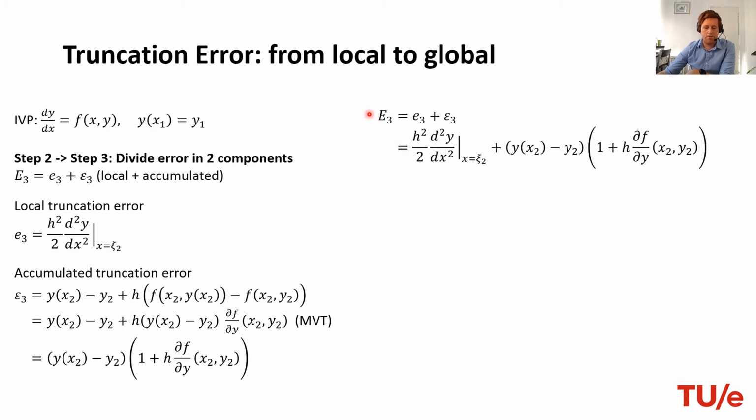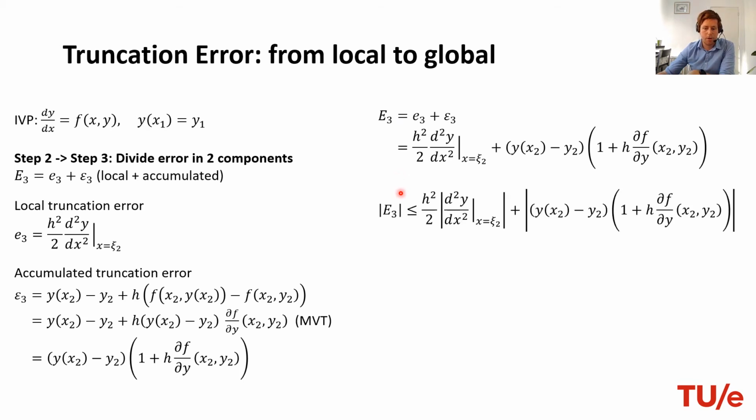And let's also observe that in general, we're not so much interested in the actual value of this truncation error, but more in the absolute value. So let's take absolute values of everything and apply the triangle inequality to obtain the following relationship. So we see here that we have now an upper bound for the total truncation error in step 3.